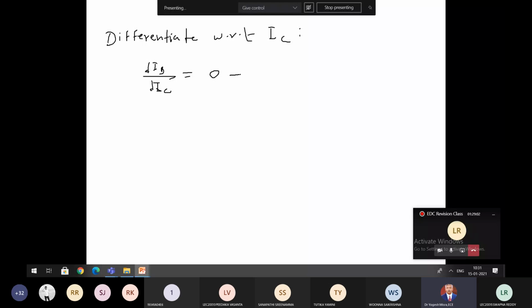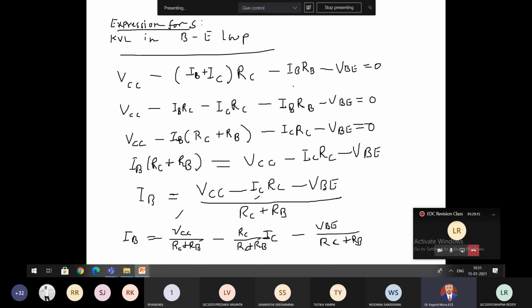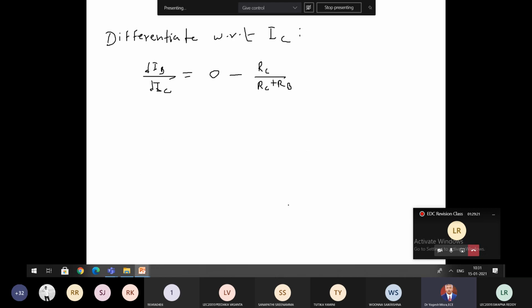So this will be minus RC by RC plus RB, right? And in the third term, VBE is constant, RC is constant, RB is constant. So this third term is also 0.